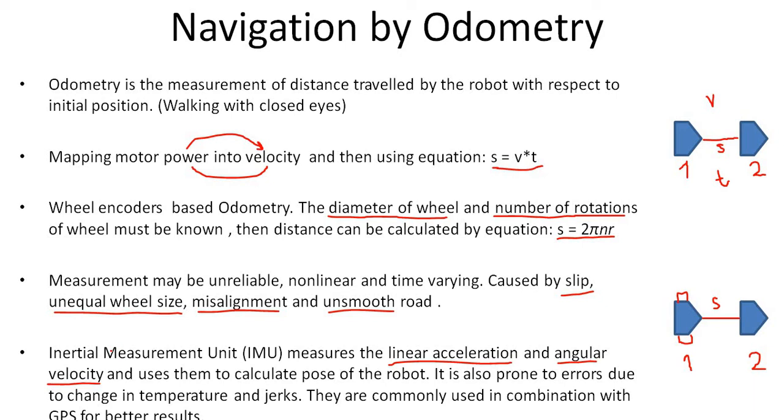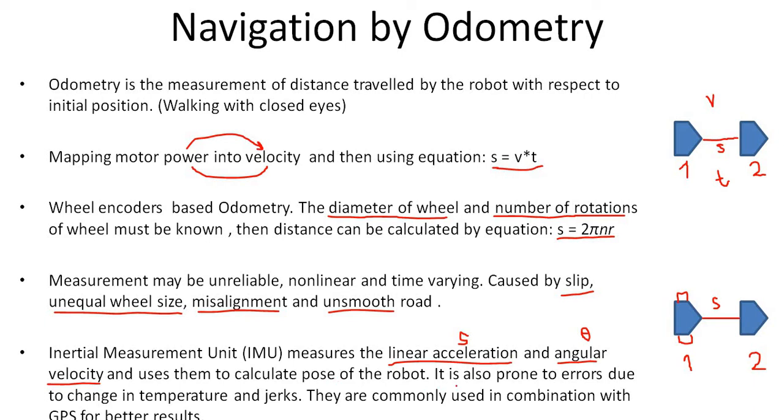So using the double integral of the acceleration, we can calculate the distance traveled in a single axis or in a single direction. And then we have angular velocity. From angular velocity, we can integrate this velocity and then get the angular position theta. So using this IMU sensor, we can calculate the position and orientation of the robot.